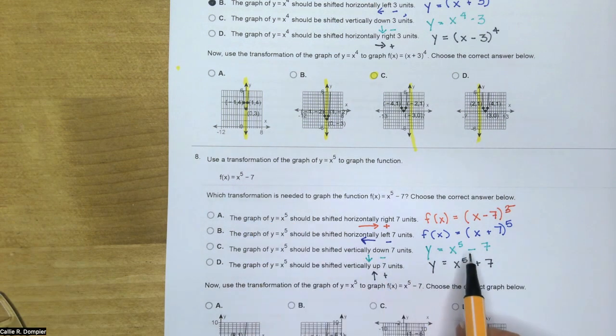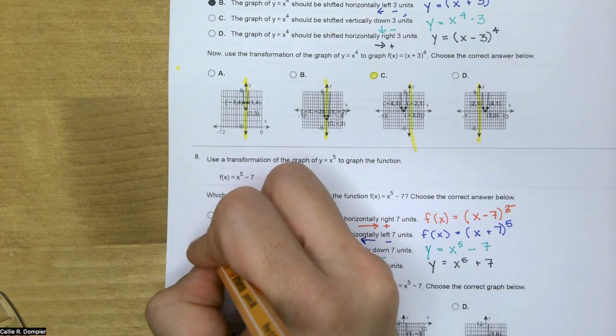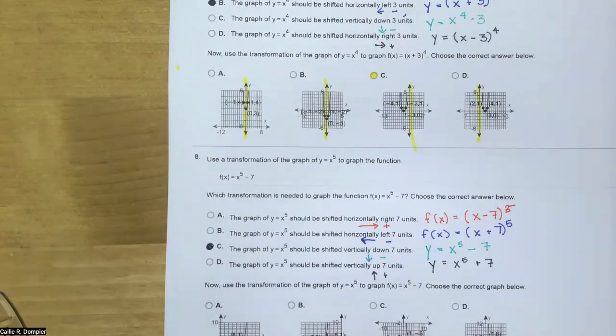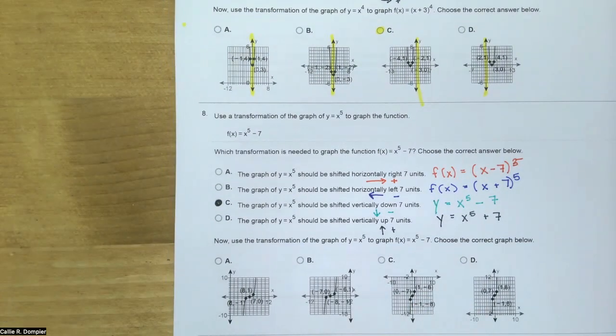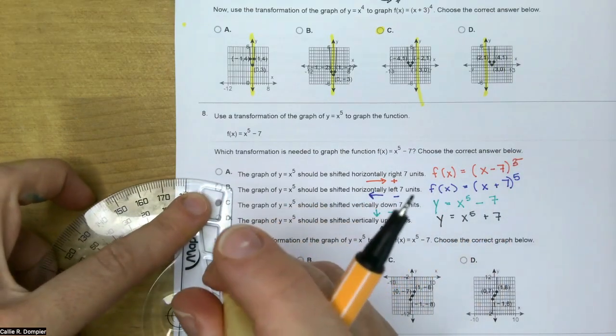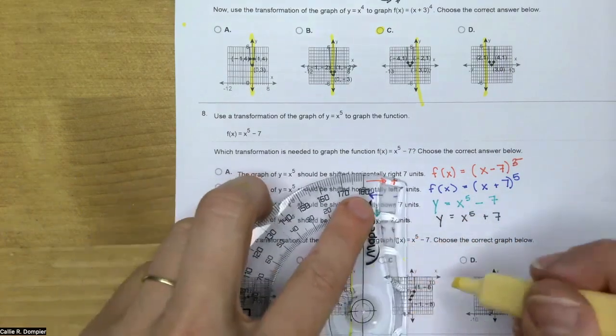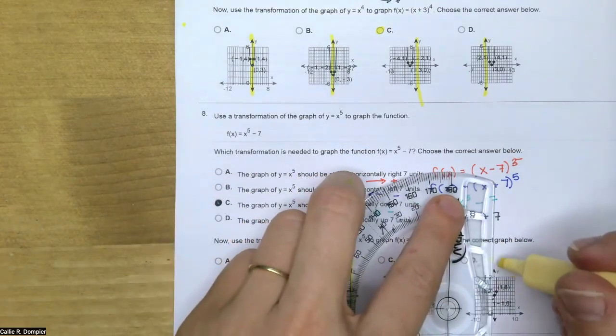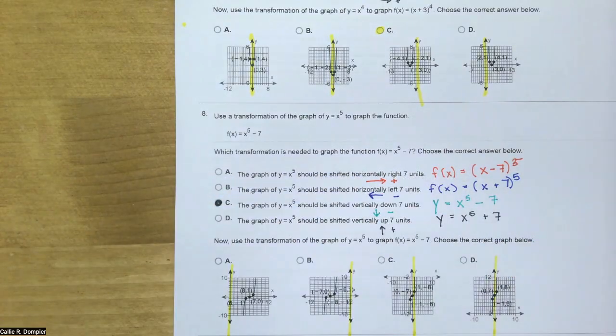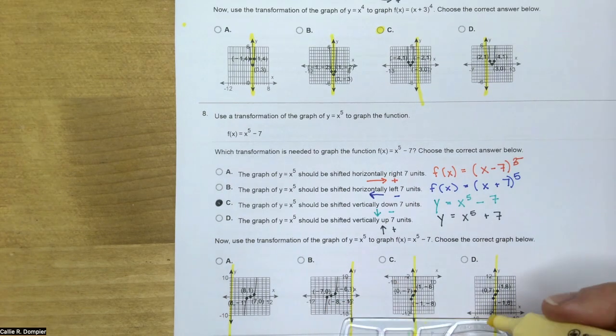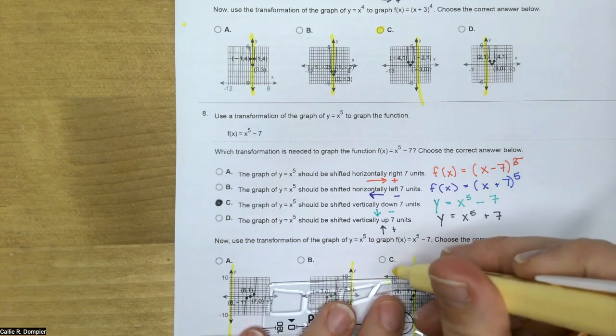Which one was it? It was this one. So I'm going to choose C. And then again, I'm just going to look at what options they give me. Here is my y-axis, just so that I can see it. And I guess here's my x-axis.